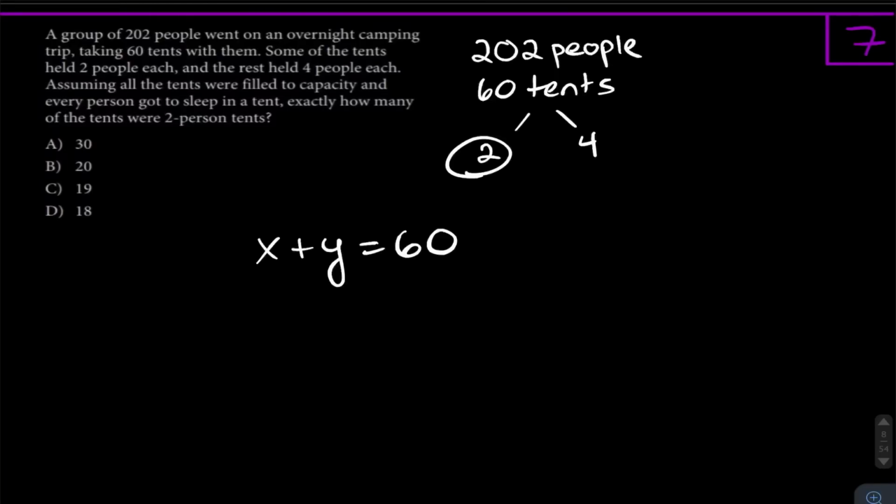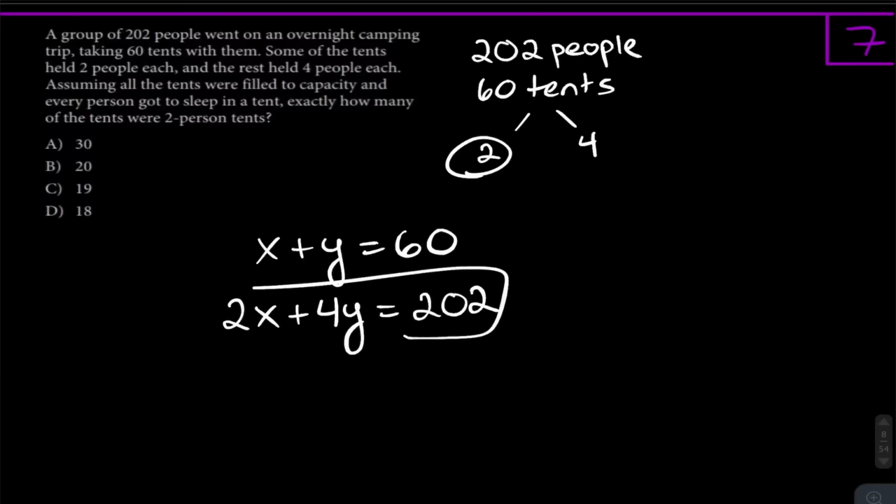We can also say that 2 people in each 2-person tent plus the 4 people in each 4-person tent is going to equal the 202 total people. That's the other equation that you can set up.